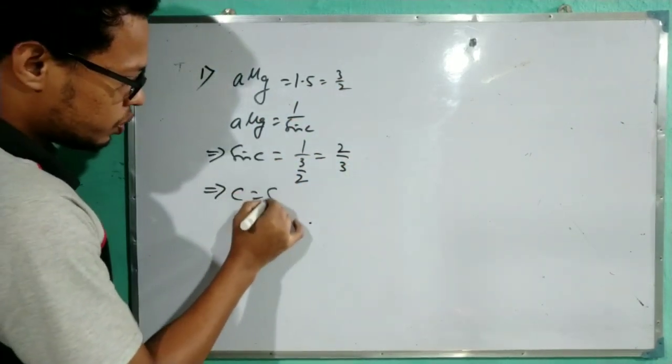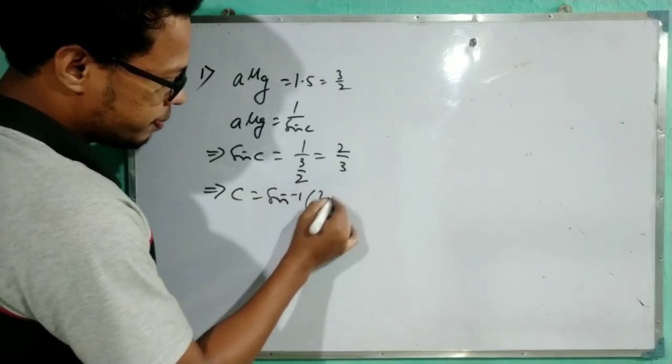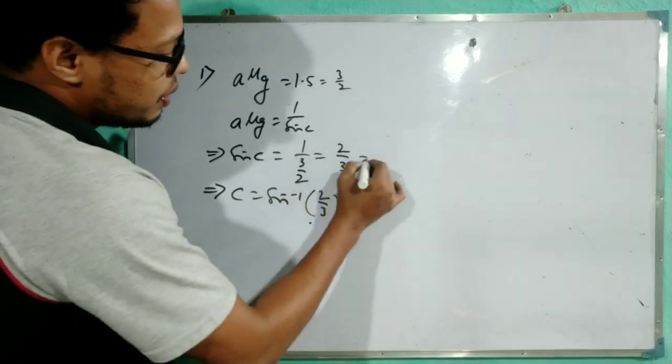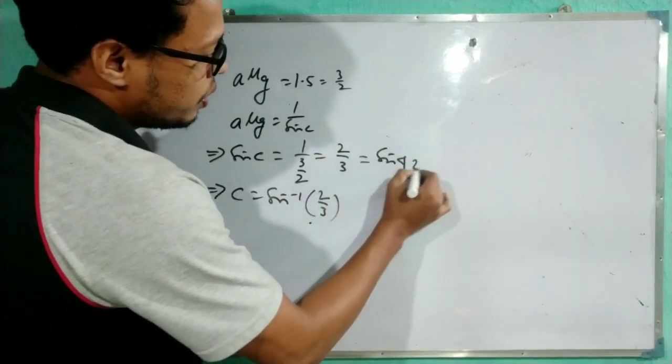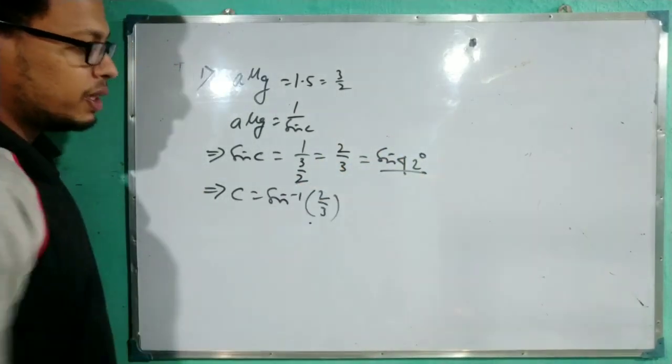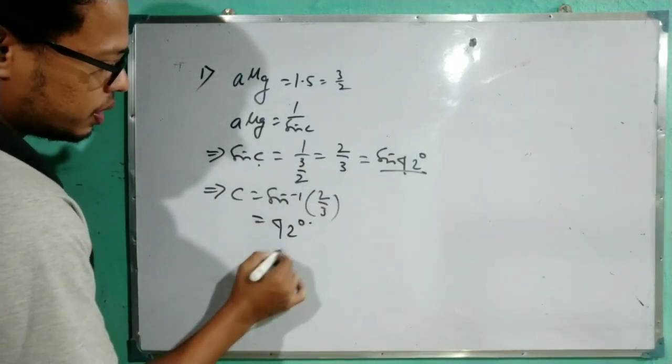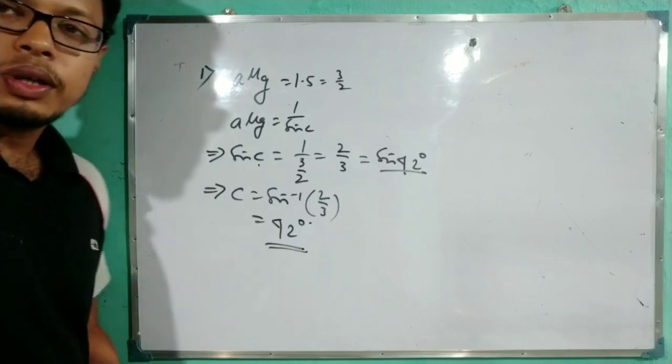Here C equals sin inverse 2 by 3. The value comes to about 42 degrees. Otherwise you can write sin 42 degrees is 2 by 3, so C equals 42 degrees, and this angle will be 42 degrees.